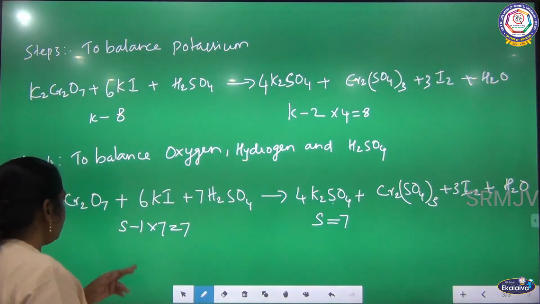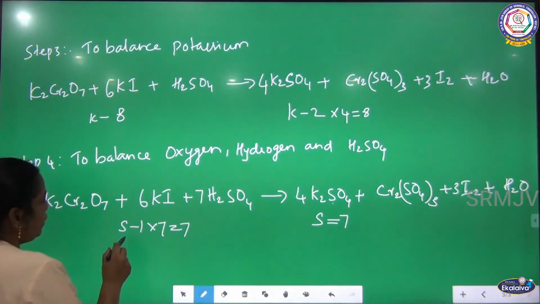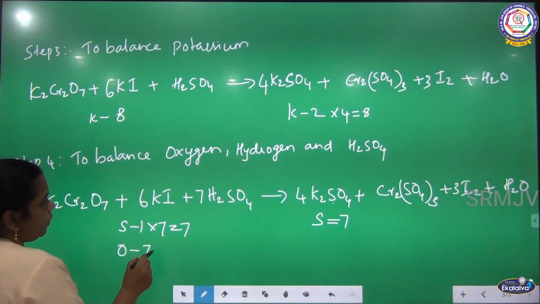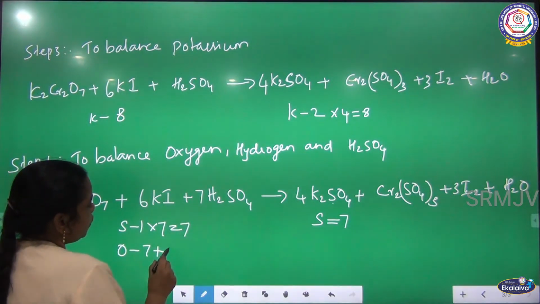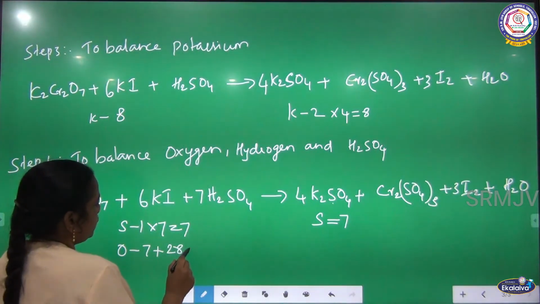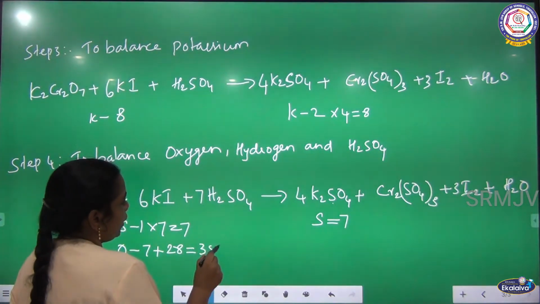Now you count and see the oxygen. 7 oxygen atoms, 7 plus 7 fours are 28, so 35.